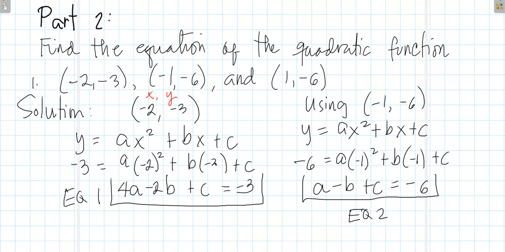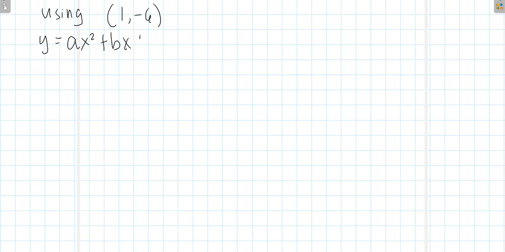Again, we use the next point, which is (1, -6). So we have y = ax squared + bx + c. So y is -6 equals a times 1 squared plus b times 1 plus c.